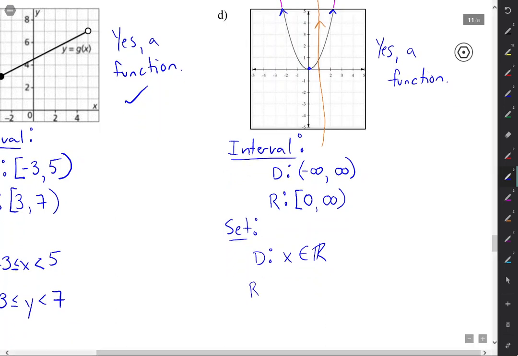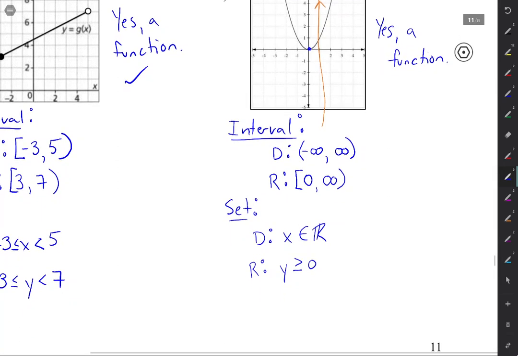Then for the range, well, the range goes from 0 to infinity. In other words, we could say that y is always greater than or equal to 0, because the lowest y point is 0 and it's always going to be greater than or equal to that. So that would be the domain and range in set notation.